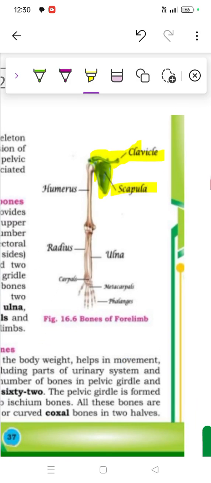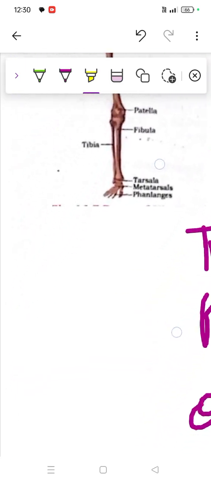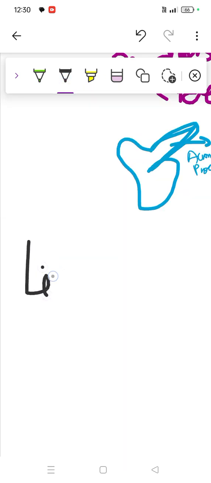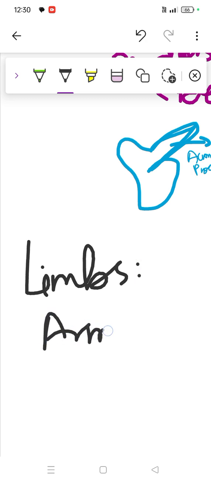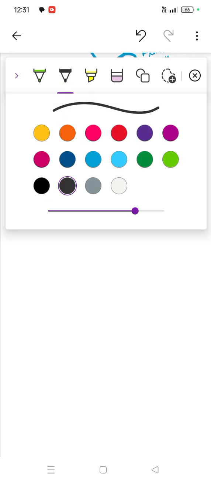Then from that scapula our limbs arrive, the limbs of our hands, the limbs of the arm, around 60 bones we have present, as we know.